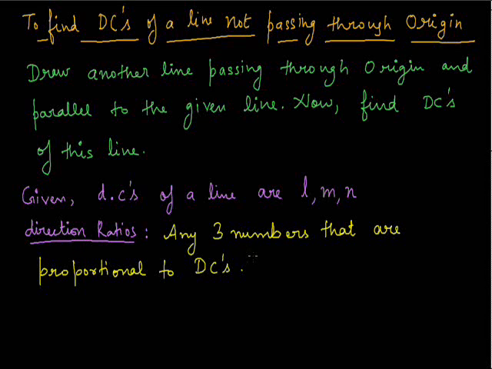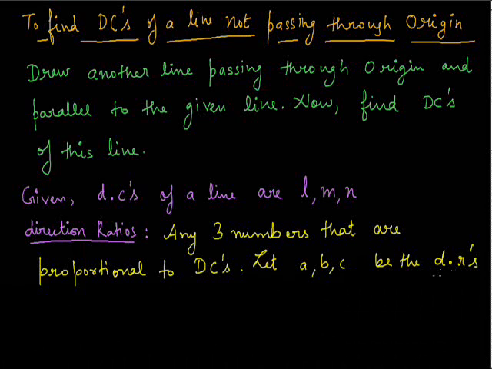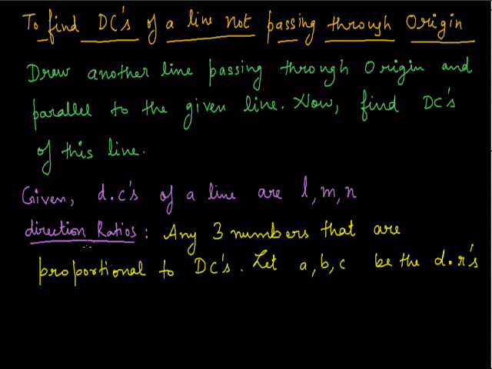So let A, B, C be the DRs. This is the short form for writing direction ratios.